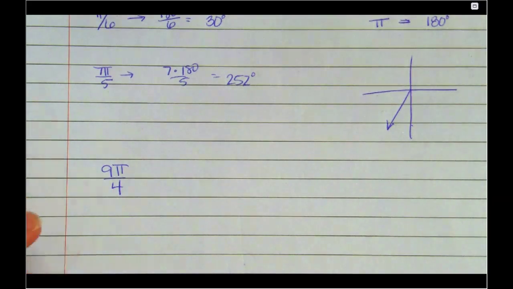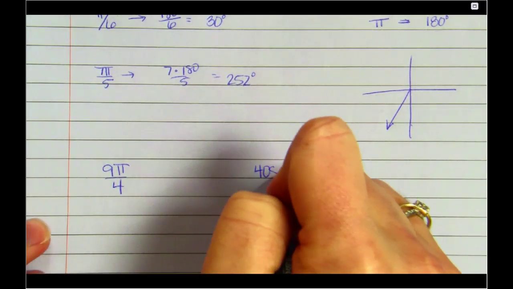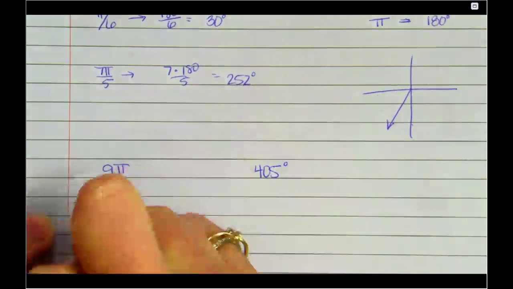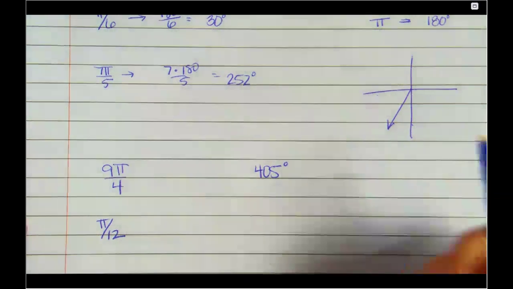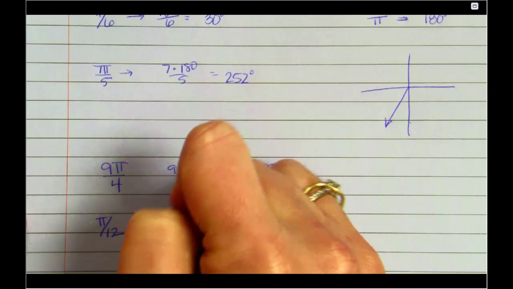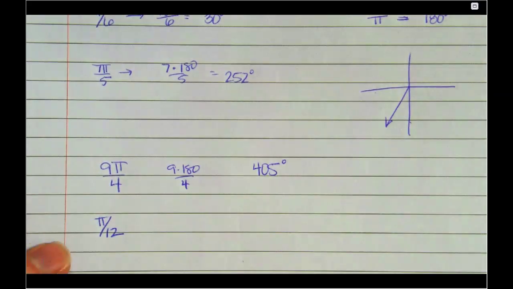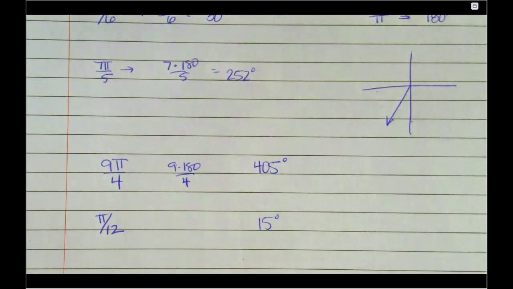How many degrees? 405. Okay, last one because it's really not that hard. Let's go. Pi over 12. Is what? 15 degrees. Okay, so it's very easy.